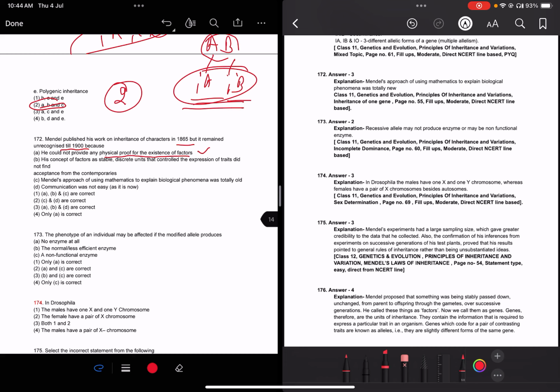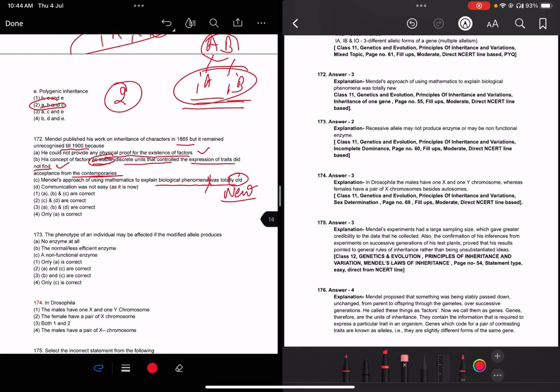Now, his concept of factors as stable, discrete units that control the expression of traits was not found. This is directly from NCERT. The stable factor means gene; he did not use the word gene or an explanation of genes. And Mendel's approach of using mathematics to explain biological phenomena was new, totally new.